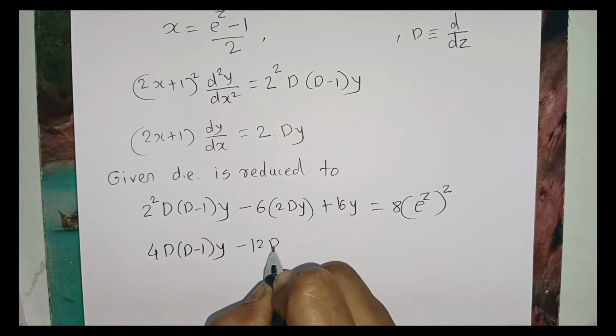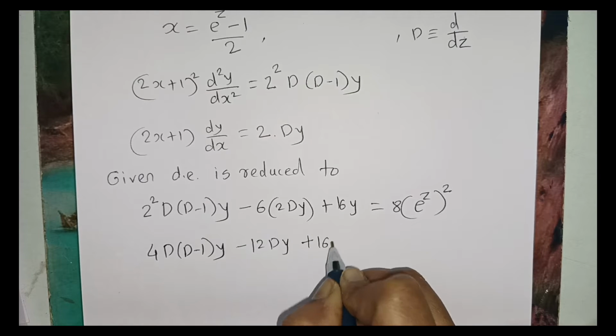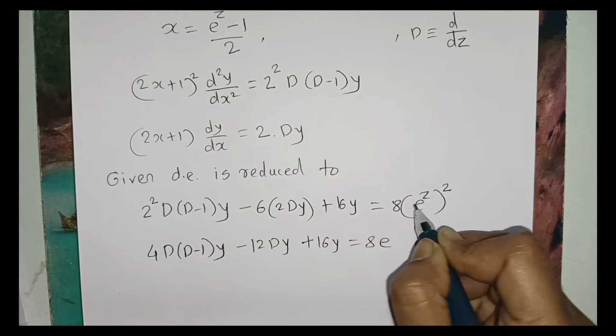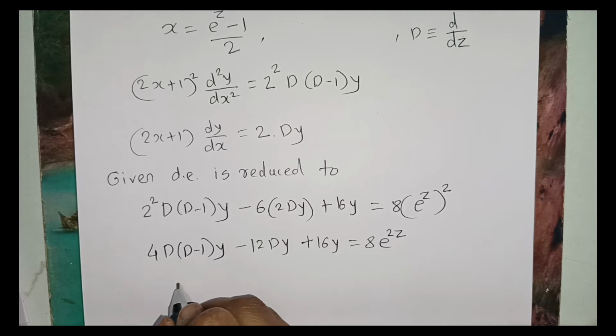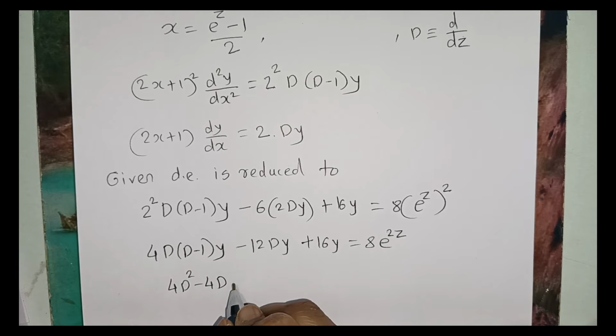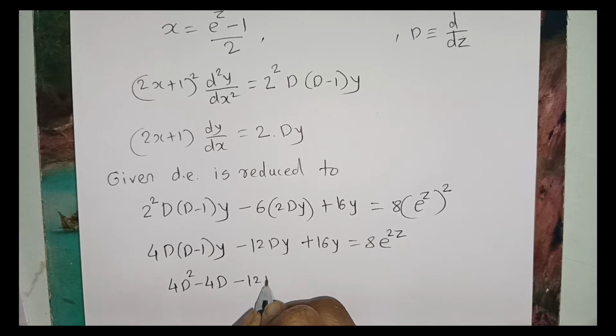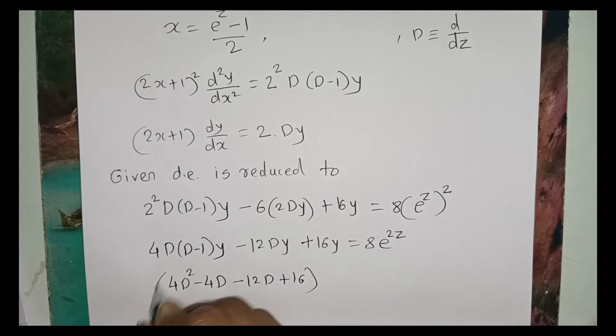Minus 12 Dy plus 16y is equal to 8 e raised to z whole square, so it is e raised to 2z simply. So 4D squared minus 4D minus 12D plus 16, operating on y.